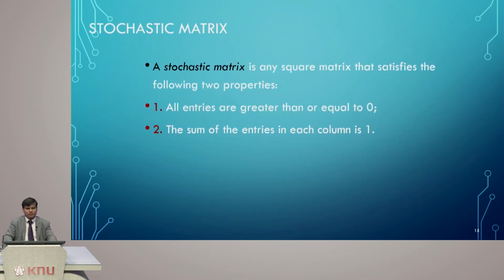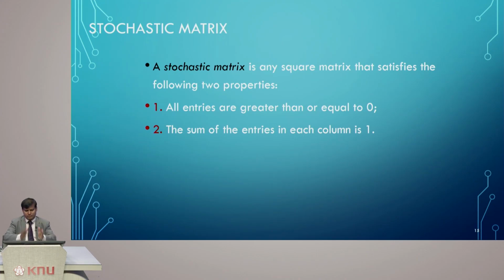With respect to next state and current state, you can in fact build the whole transition matrix. There are a few points about this stochastic matrix. A stochastic matrix, the transition matrix, is any square matrix that satisfies the following two properties. One is all entries are greater than or equal to 0, which means that it cannot have a negative number. The other one is the sum of the entries in each column is 1.